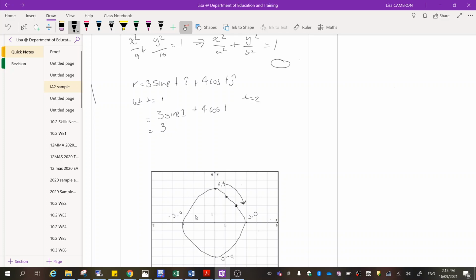If you let t equal negative 1, then we've got a direction and motion this way. So this would be your graph, labeled, and the direction and motion would go from the top clockwise. That's about it.